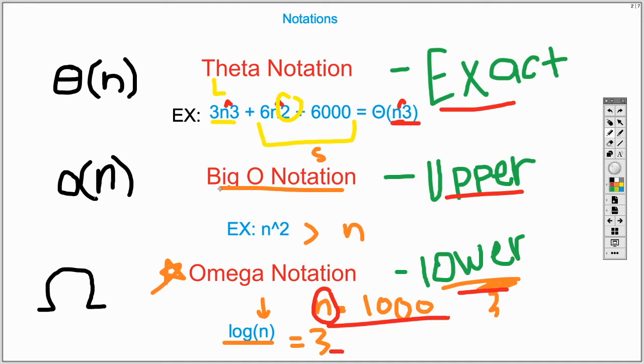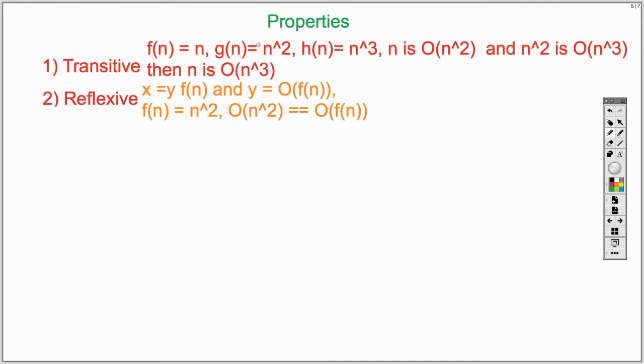Whereas in big O notation, n to the power of 2 was much higher than our n, so that's why it got classified as an upper bound. And the same for theta notation. Whenever we're comparing, just know we're always comparing it to n, with lower, upper, and exact. Lastly, I just want to wrap up the video by saying some properties of our notations.